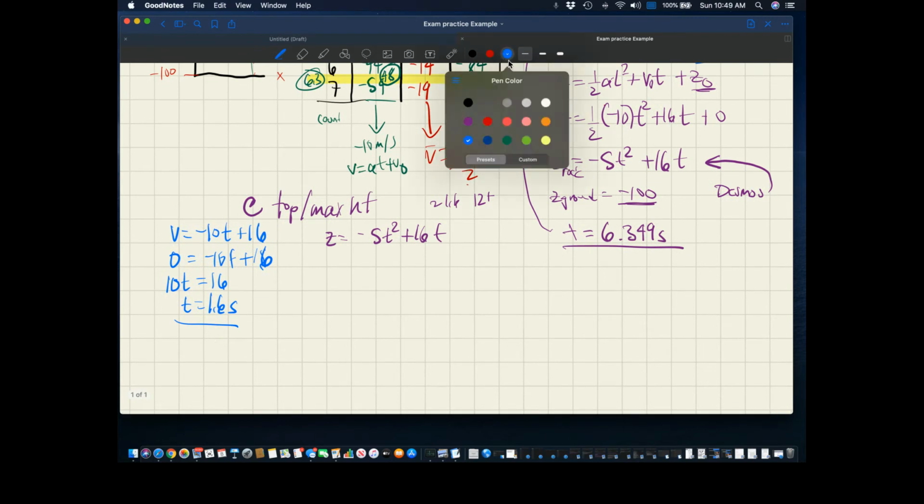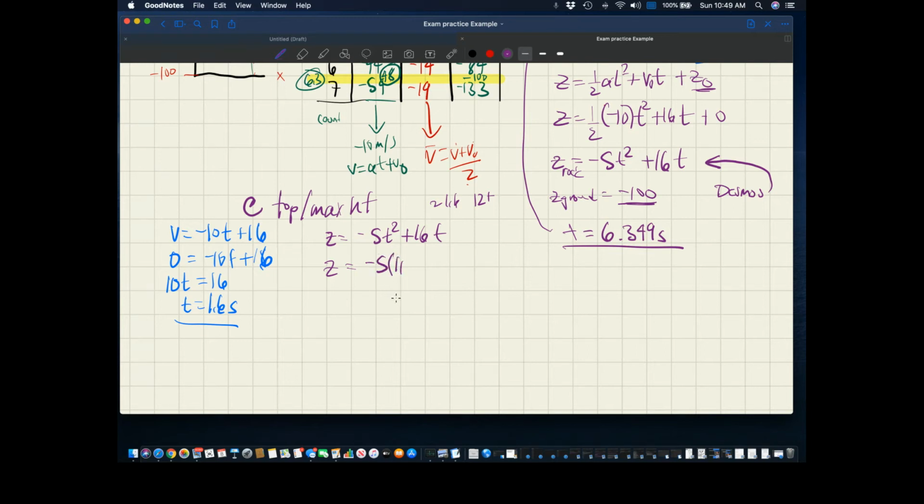And now we can find out the maximum height. What is the position at 1.6 seconds? And when we use our calculator on that, we get 12.8 meters.